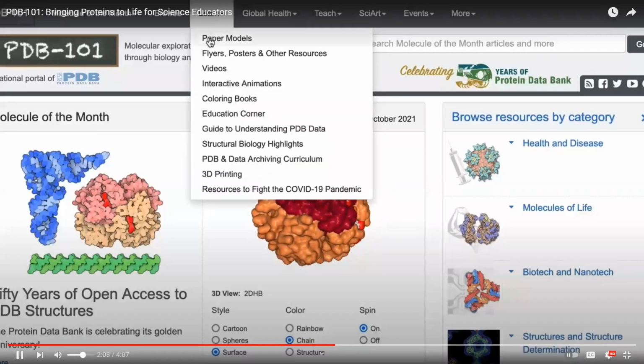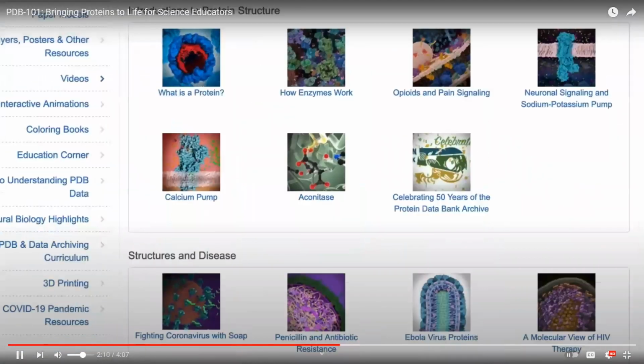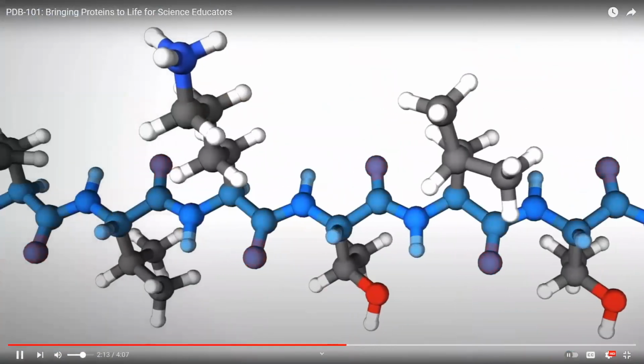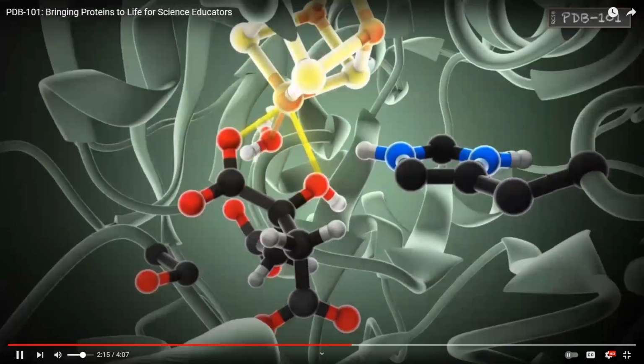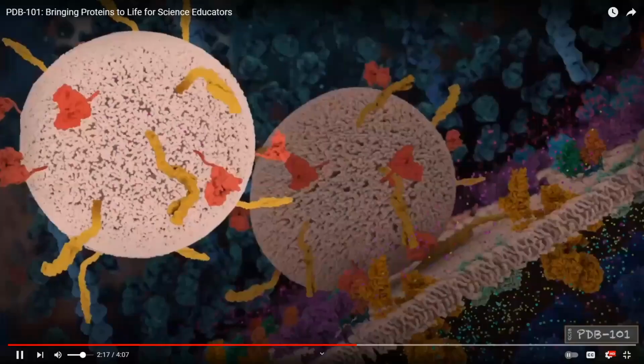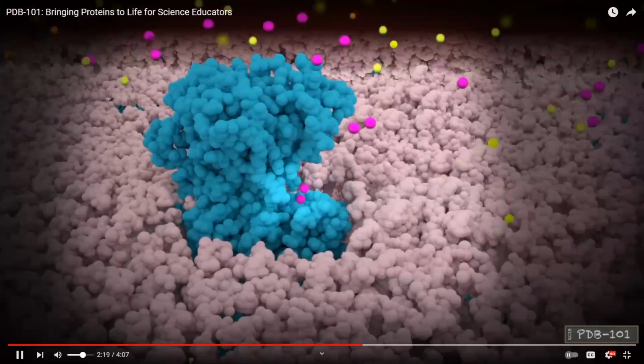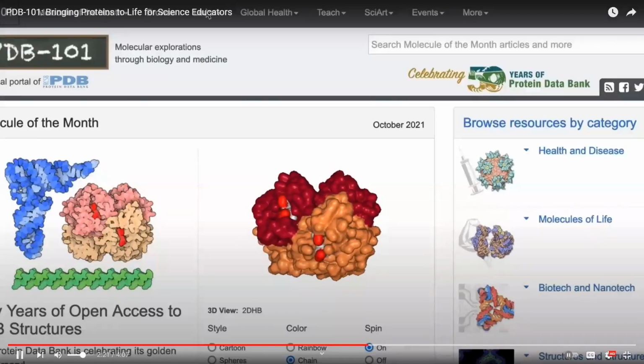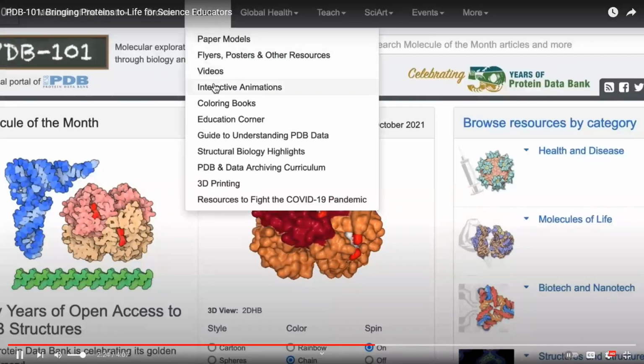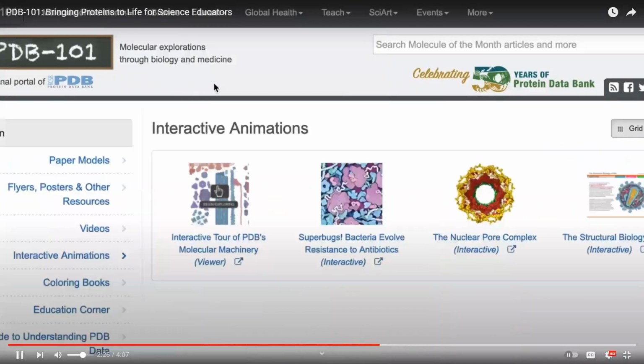PDB101 also features molecular animations explaining general topics such as what proteins are and how enzymes function, as well as more focused topics like pain signaling and ion pumps. PDB101 also contains interactive animations that enable students to digitally explore the world of proteins.